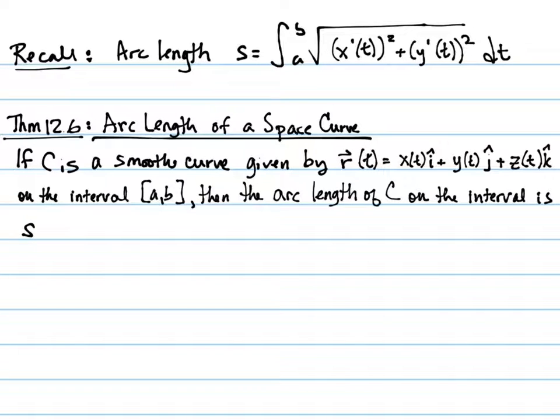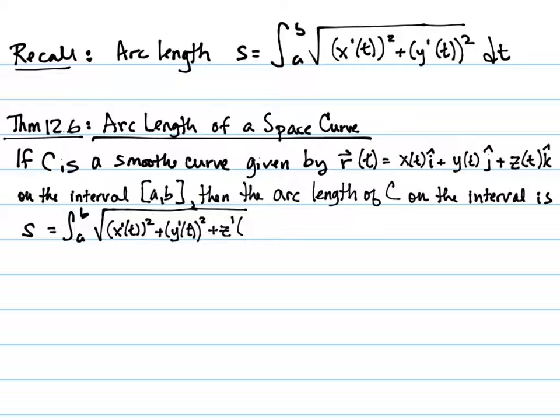How do you think that we would take what we wrote at the top and adjust it given this setup? You're right. We're going to add the z prime of t squared underneath the square root. So we have our integral from a to b of the square root of x prime of t squared plus y prime of t squared plus z prime of t squared dt.